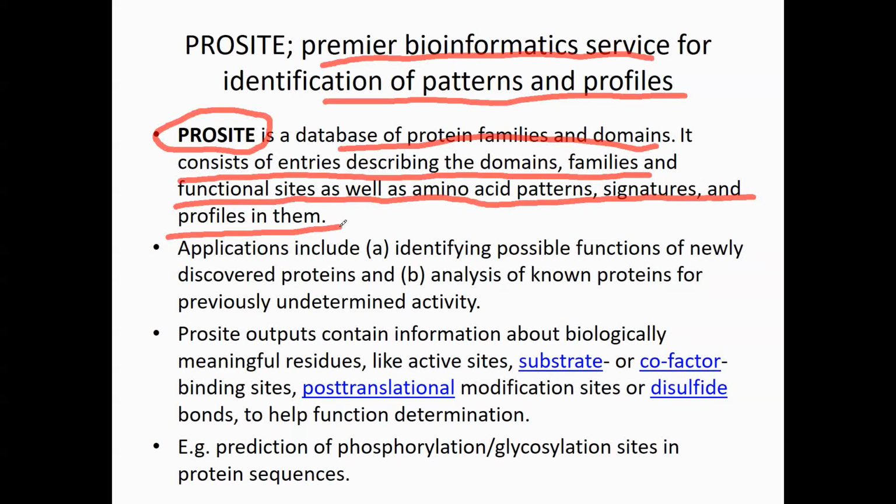So a pattern or profile in a protein basically represents a signature of a type of protein. So if we find a pattern in a protein sequence, we can say that this is a signature of that protein.